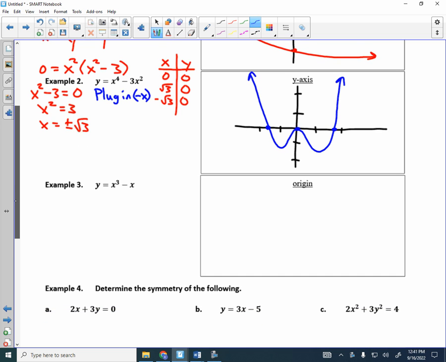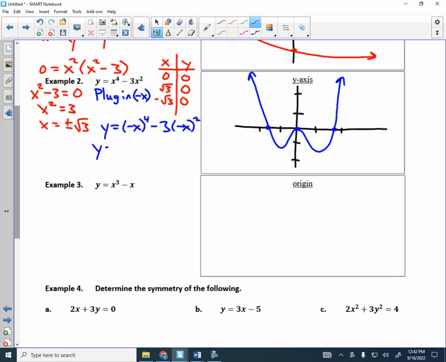So I'm going to do that right now. Y equals, I have a negative x to the fourth minus 3 times negative x squared. I plug in a negative x. That's what I'm looking for on the test, is that you know what to plug in. What happens if you take a negative to the fourth power?